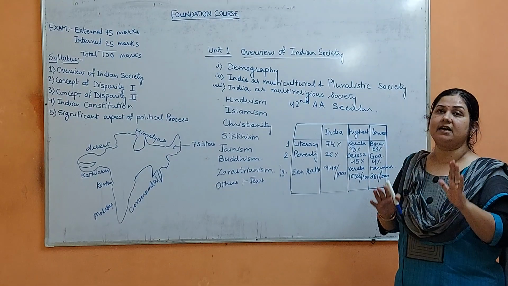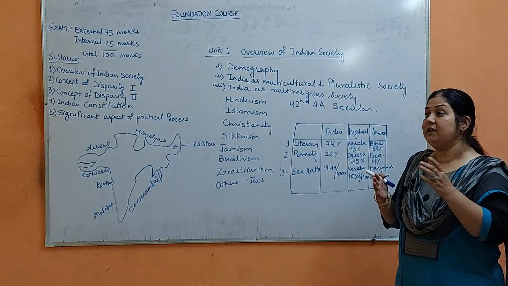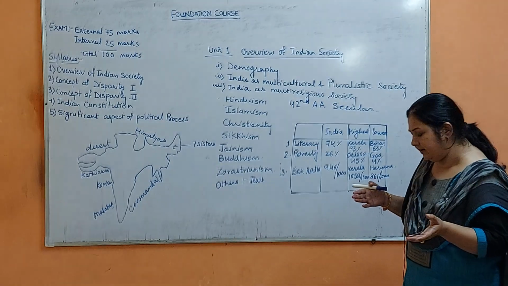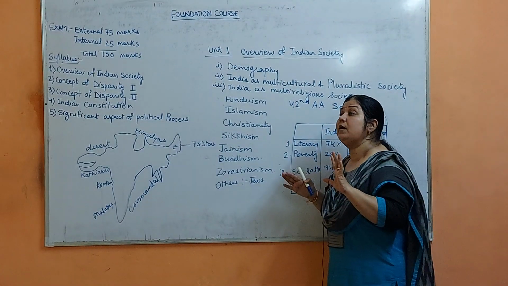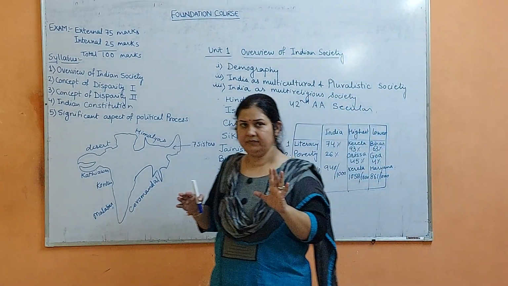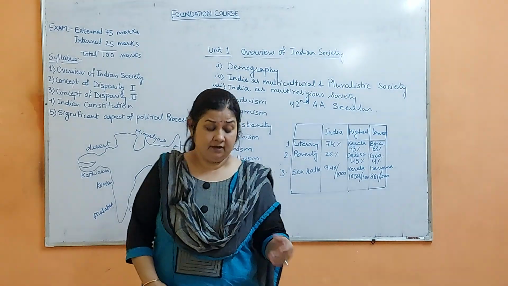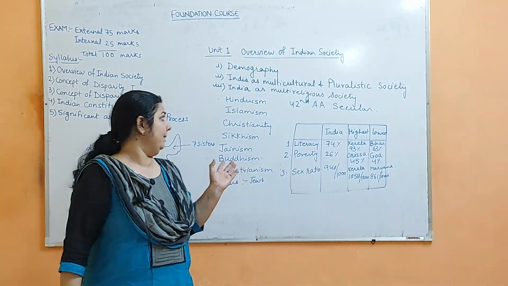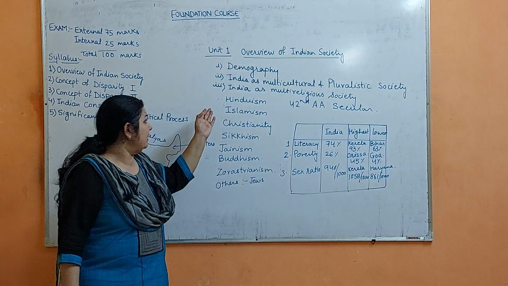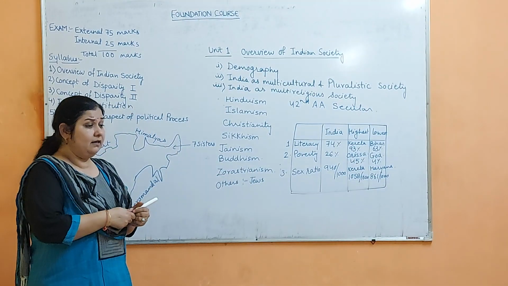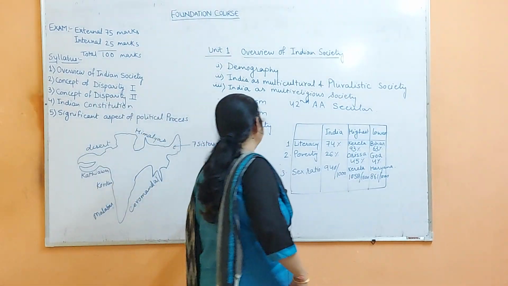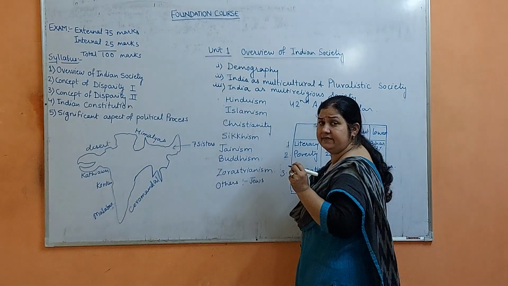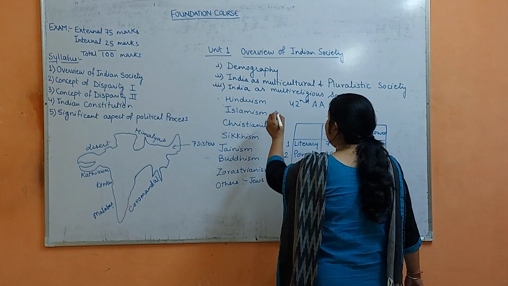All the religions are treated equally, and the people following different religions are given equal opportunity. So many religions from the outside are also welcomed in India. Now we will see one by one the various religions or people following various religions who are residing in India.